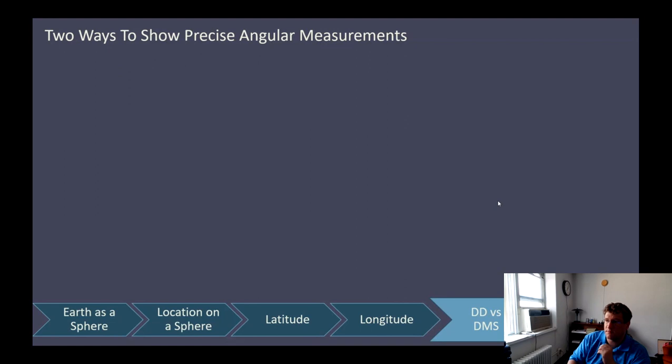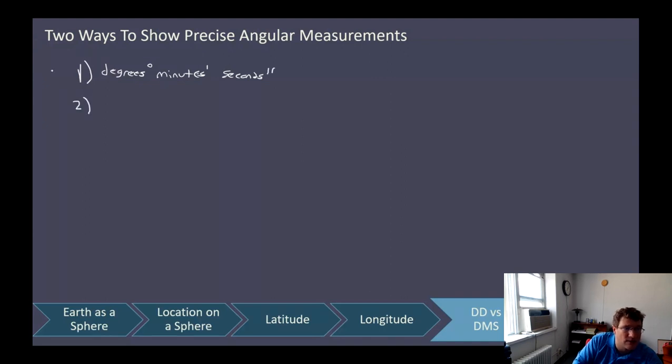In terms of how we can write angles, there are two ways you're primarily going to see angles written. You're going to see angles written either as degrees, minutes, and seconds, degrees, minutes, seconds.